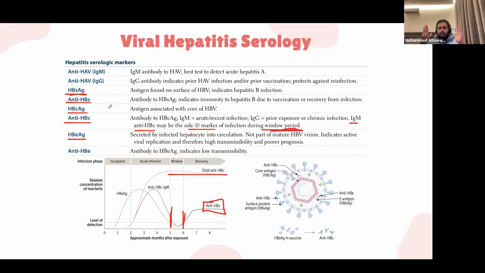None of the antigens and antibodies will be elevated except one, which is the core antibody. That's the only thing you need to know about the window period. It's not too important. Last year, Dr. Abel Khair told us about it as a joke, like, when is the only time we see this elevated? But then he said you don't need to know. So I don't think you will be tested on this. That's for you to know.